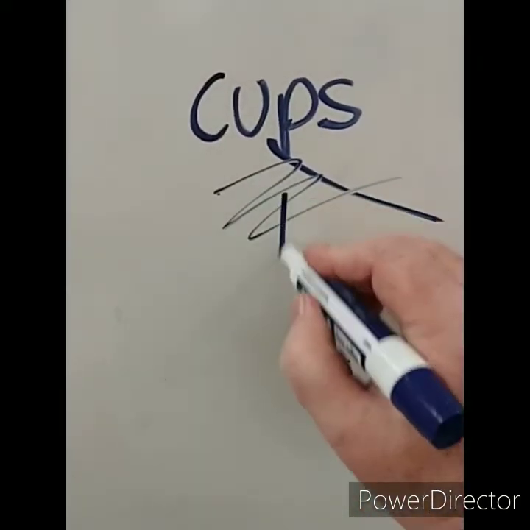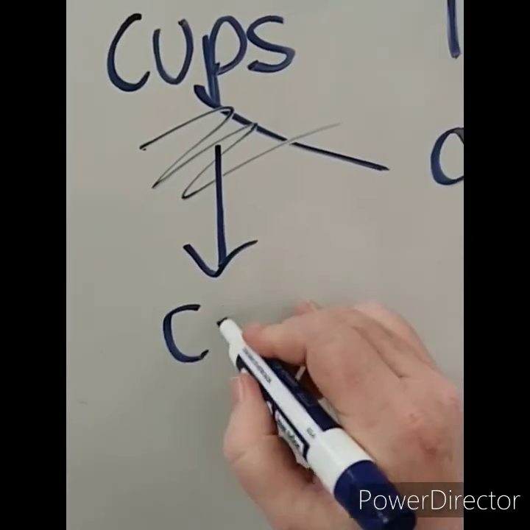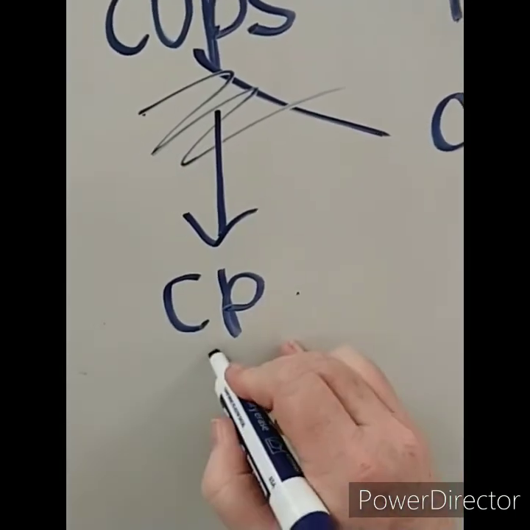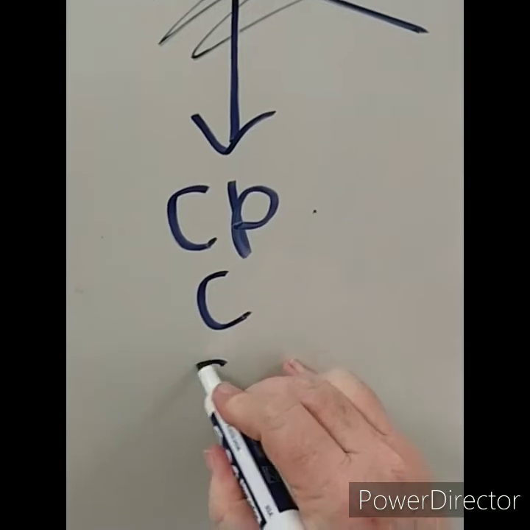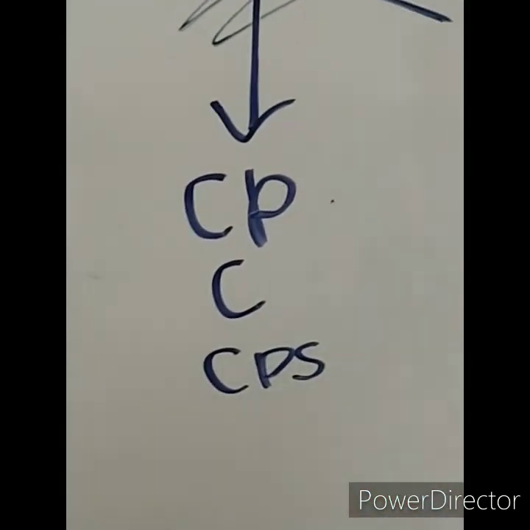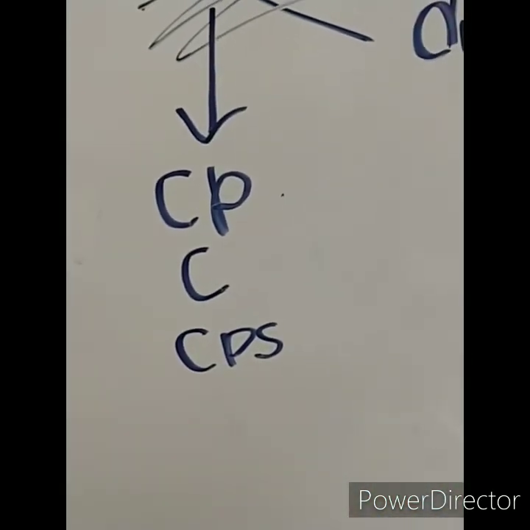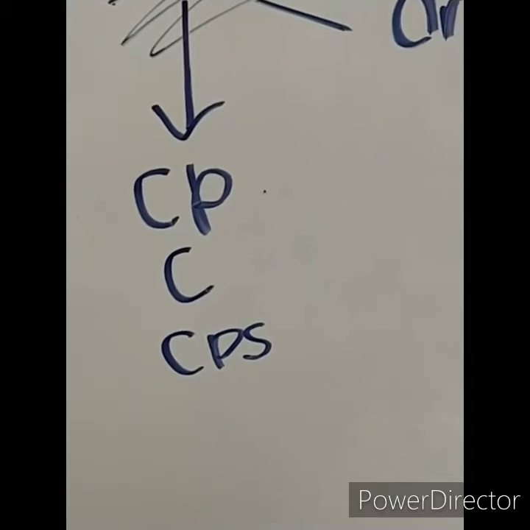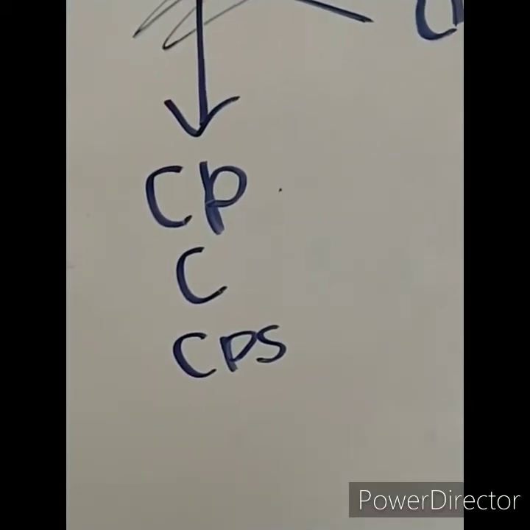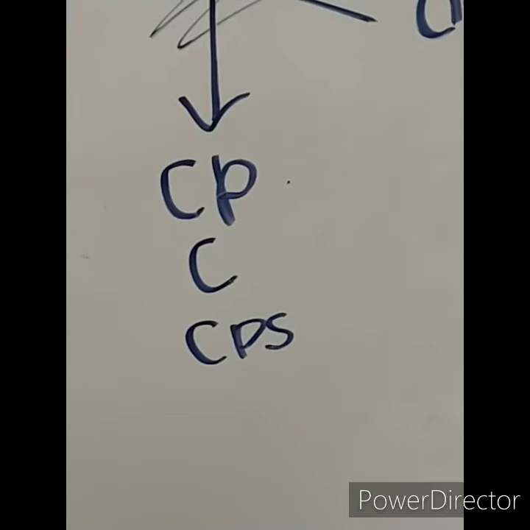Now, cups can be abbreviated this way, or this way, or this way. They've got lots of different ways that they abbreviate it. Sometimes it's a big C, sometimes it's a little c. There doesn't seem to be much of a difference on those.